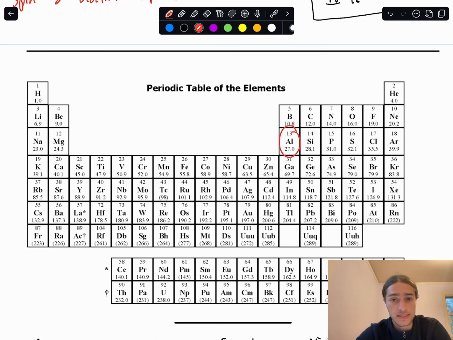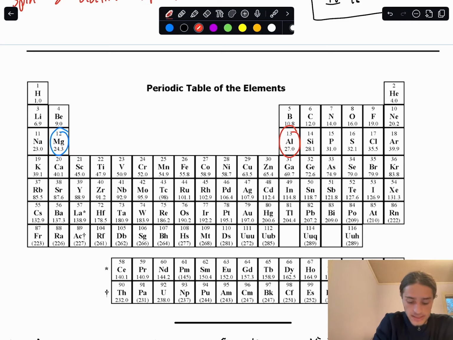But if it lost an electron, so if it had 12 electrons, then it would be +1 because there'd be an extra proton's worth of charge, making it positive. And if it has the same number of electrons as an element with 12, that means this aluminum cation is going to have the same electron configuration as magnesium. Hopefully that makes sense. So we're really going to be doing the electron configuration of magnesium.